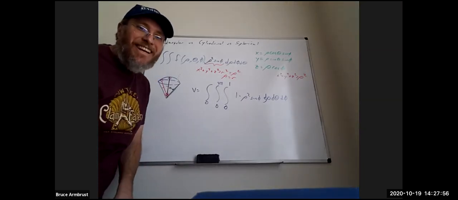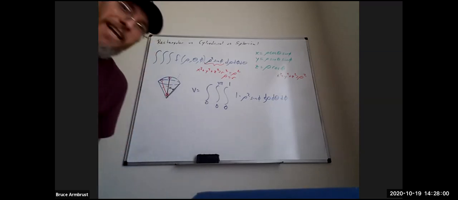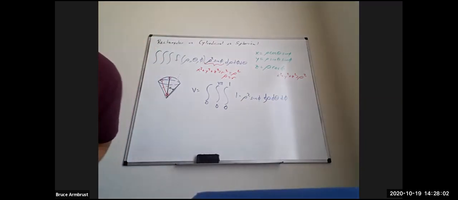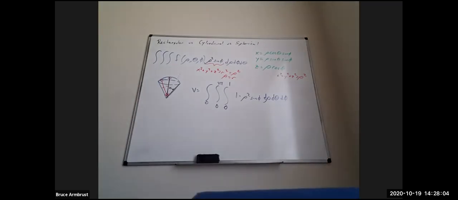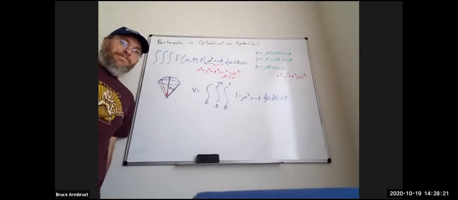Okay, hold on a second here. So Victor just put in the chat box, I got to go look at my computer a little bit closer: cosine inverse of z over the square root of x squared plus y squared plus z squared, question mark.